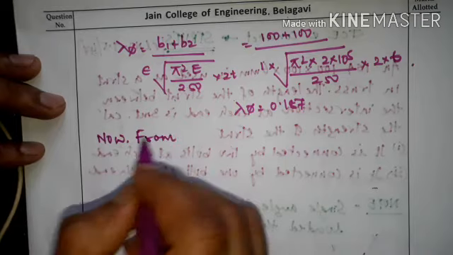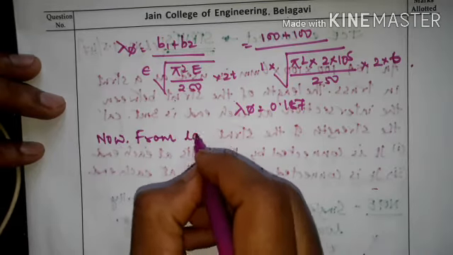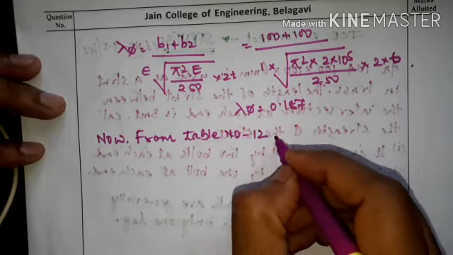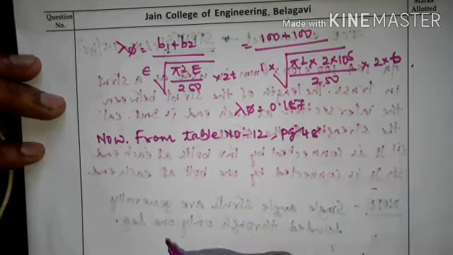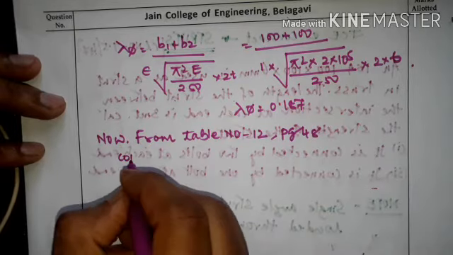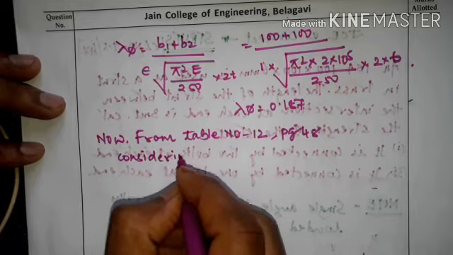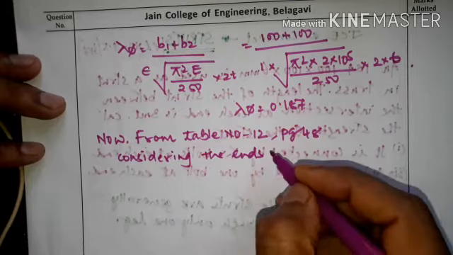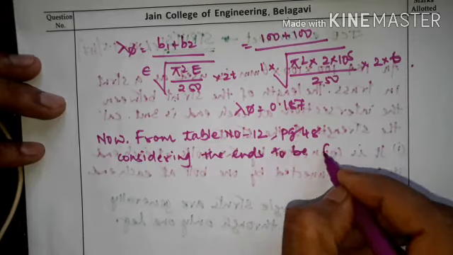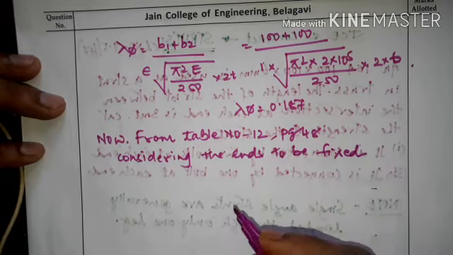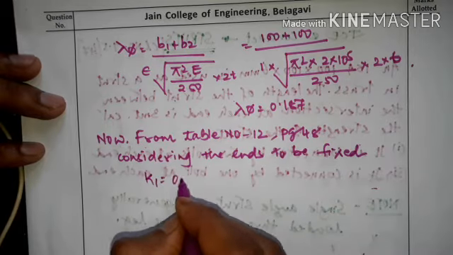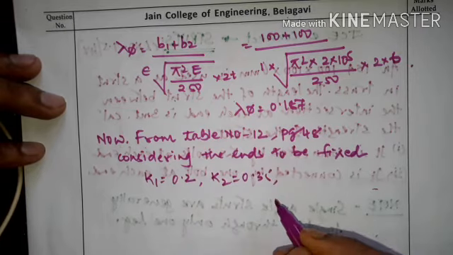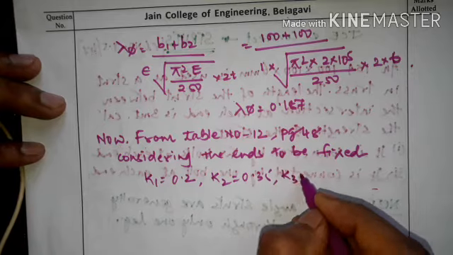From table number 12, page 48, considering the ends to be fixed, K1 is 0.2, K2 is 0.35 and K3 is 20.